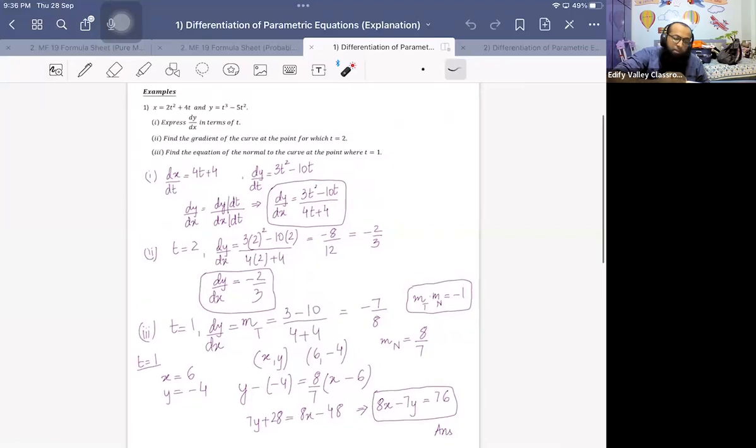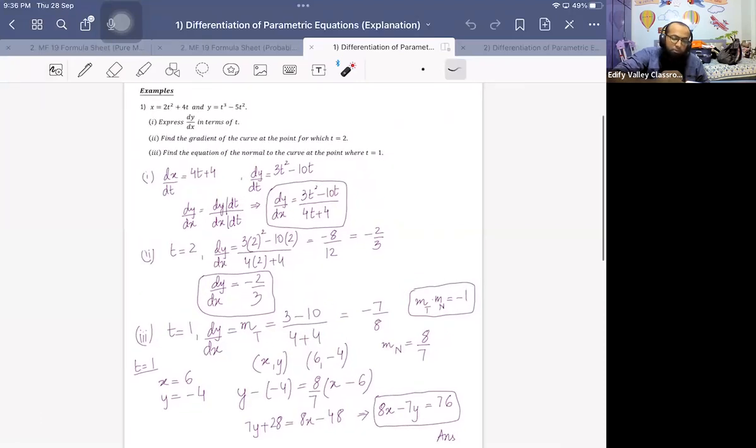The concept of parametric equations has been delivered along with one past paper question as well as an example. So just copy it down and let me know if it's clear to everyone.